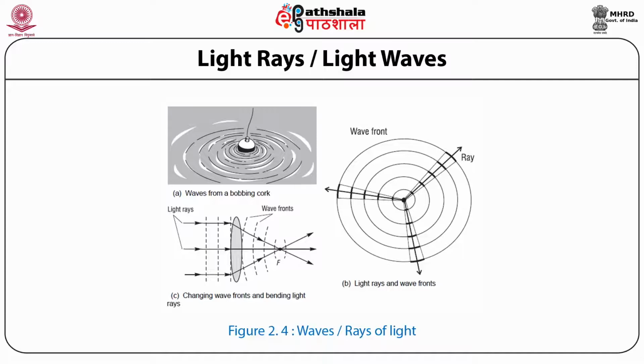This represents the connection between the actual waves and the rays used to represent them in the study of geometrical optics. We find it acceptable to represent the interaction of light waves with plane and spherical surfaces, with mirrors and lenses, in terms of light rays.